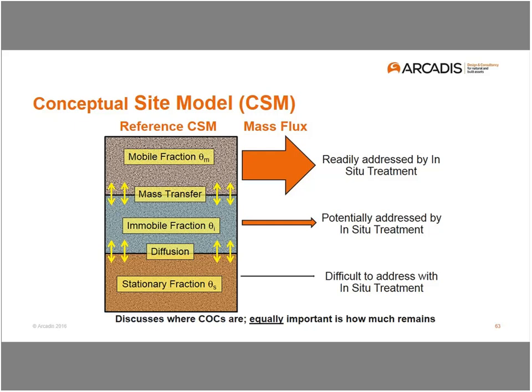And then lastly, if we believe from our CSM that we have a high degree of LNAPL, specific to petroleum hydrocarbons, trapped in the stationary fraction, we need to go into the situation understanding the reasonable limitations of what chemical treatment can accomplish.